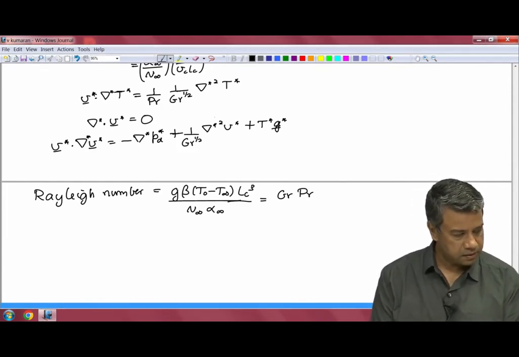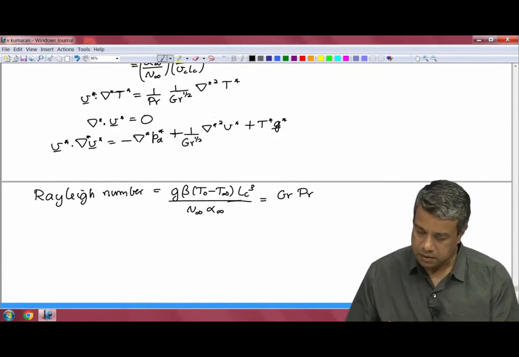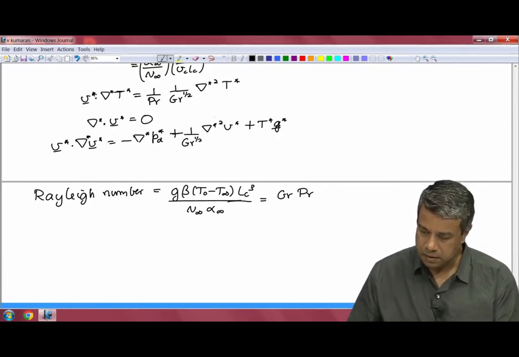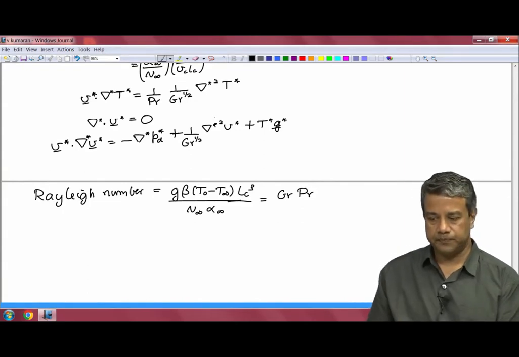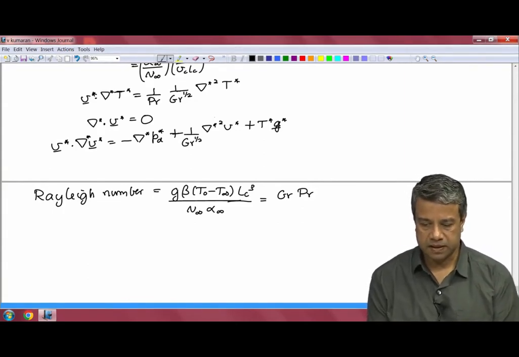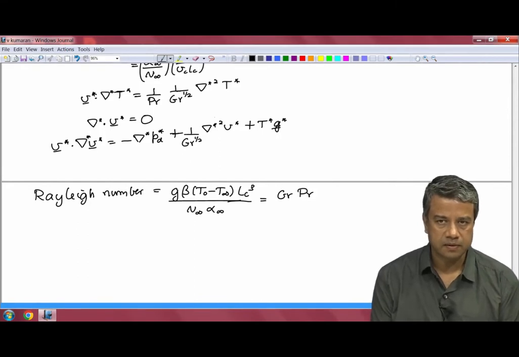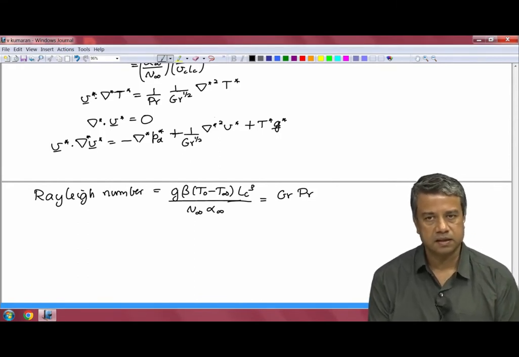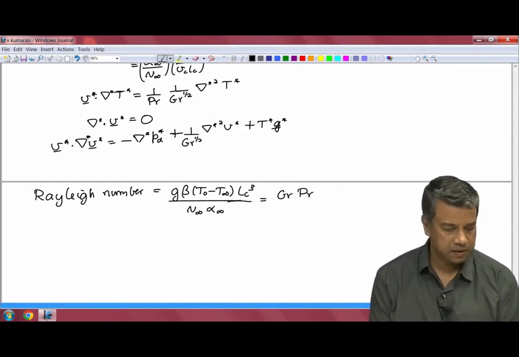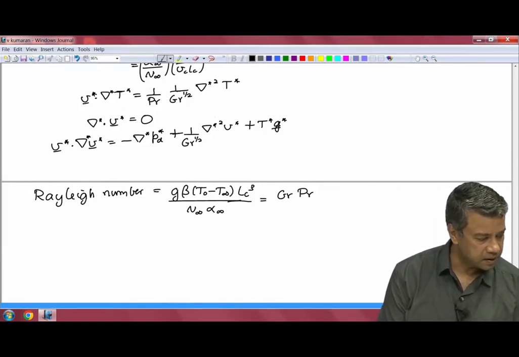Yes, that is correct. So that is the other dimensionless group that is sometimes used, and there is one relation that relates the three parameters, the Grashof number, the Prandtl number and the Rayleigh number.